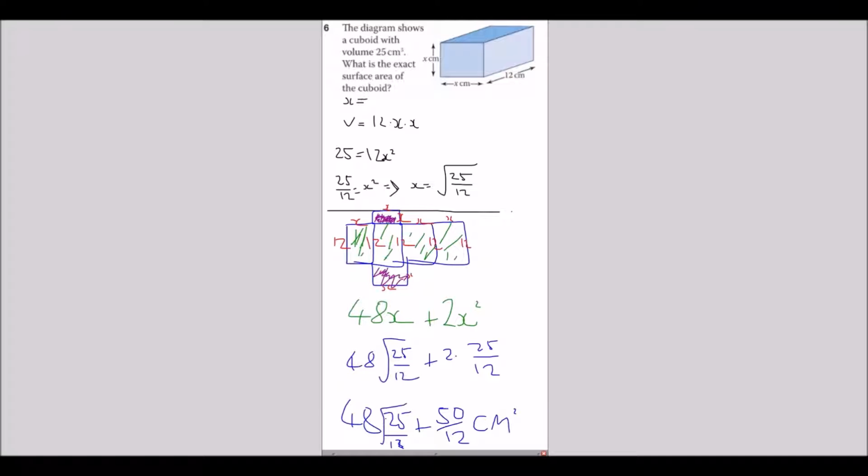We haven't actually looked at that yet, so this side stays the same, and I just know that 2 times 25 over 12 is 50 over 12, and that is your answer. Don't forget your units, centimeters squared. I know that it must look pretty horrible, but trust me, it's all good. This is what it should be. On the next page, spoilers.